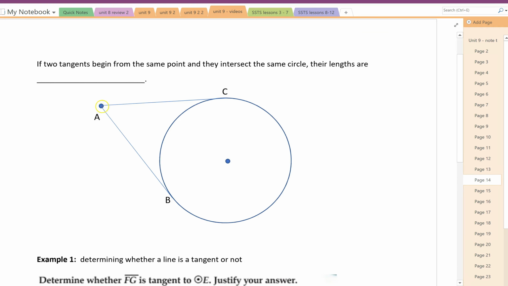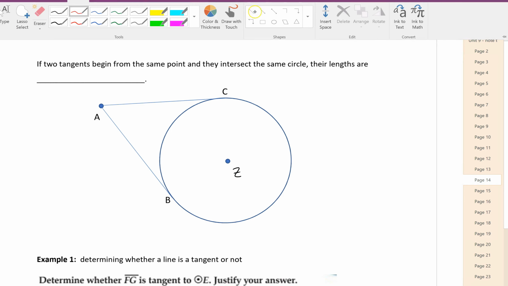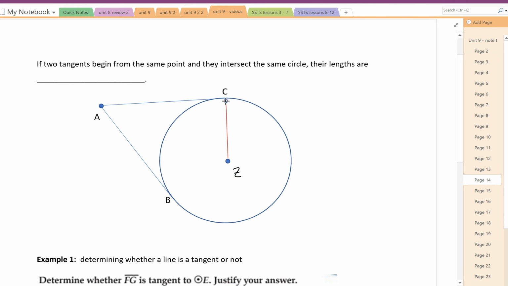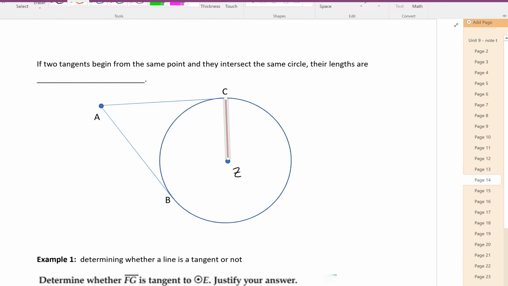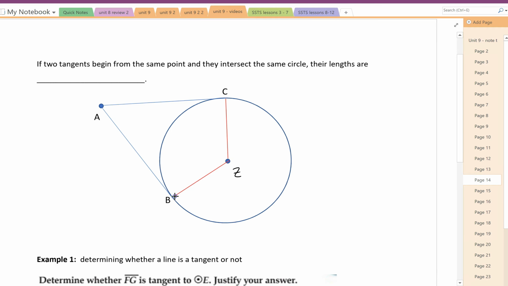So let's say I have a point out here, A, and I have a center of the circle, and I haven't labeled it yet, but let's just call the center of the circle Z for right now. Let's say I draw in the radii from Z to C and from Z to B. And let's say after doing so, I'm able to determine that those radii and those tangent lines intersect at right angles.